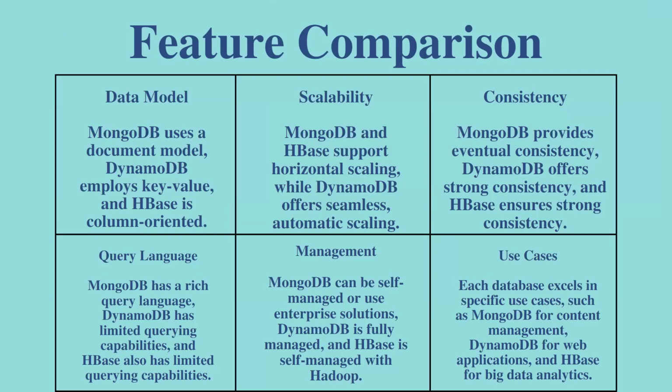Then there is consistency. MongoDB provides eventual consistency, DynamoDB offers strong consistency, and HBase ensures strong consistency. And then there is query language. MongoDB has a very rich query language, DynamoDB has limited querying capabilities, and HBase also has limited query capabilities.